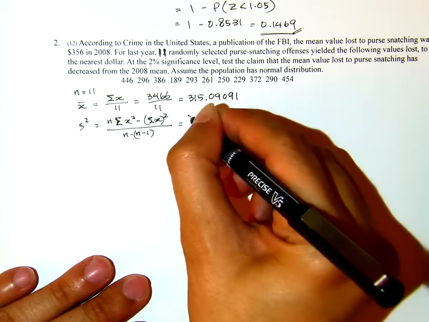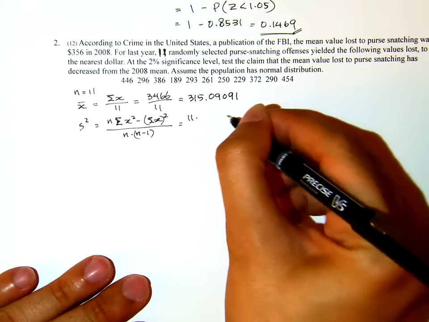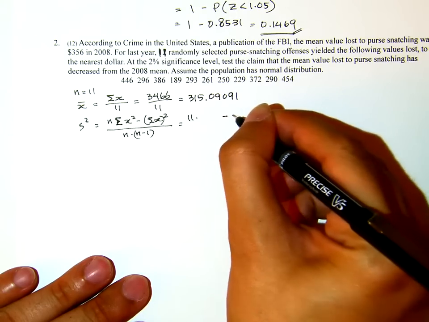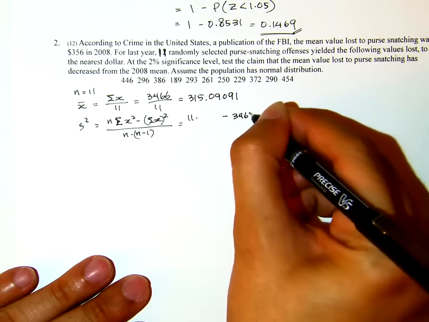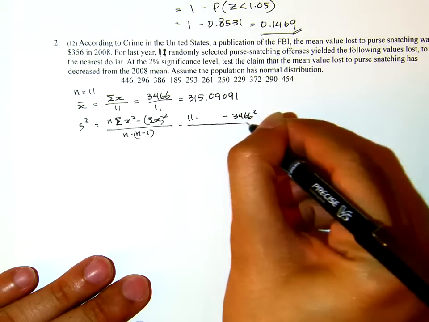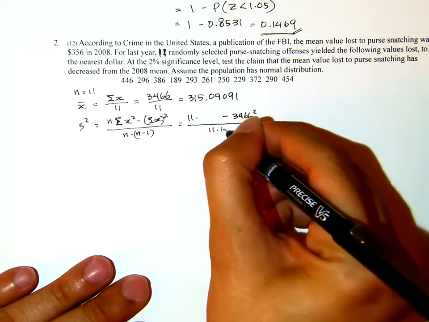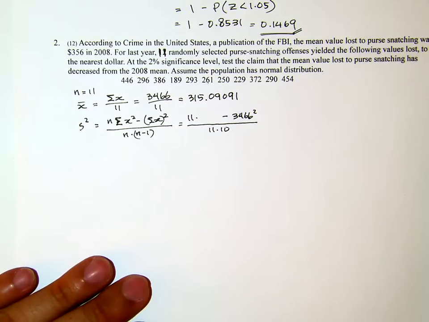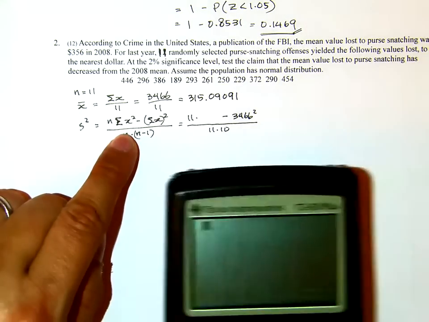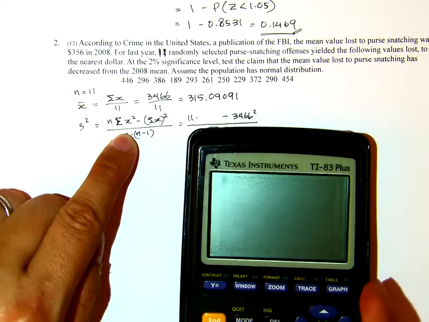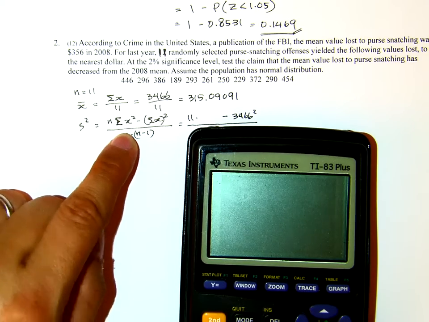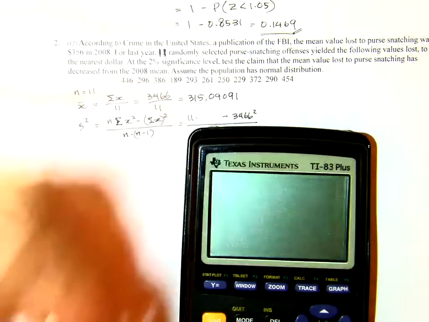Which is 11 times sigma x squared, which I will compute later, minus 3466 squared over 11 times 10. Now what I will do is compute sigma x squared. I hope you remember what sigma x squared is.